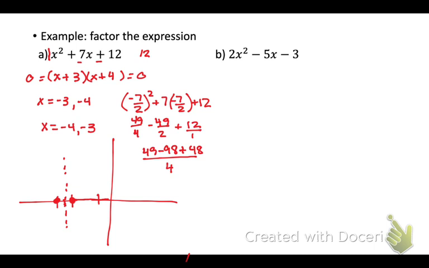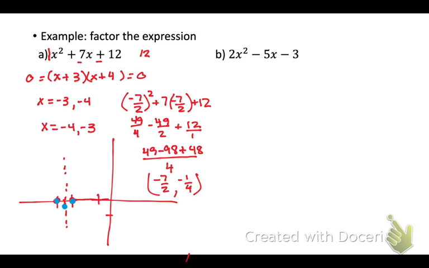Okay, so 49 minus 98 is -49, correct? And -49 plus 48 is -1/4. So the -1/4 is like right here, isn't it? So I have here, here, and here.